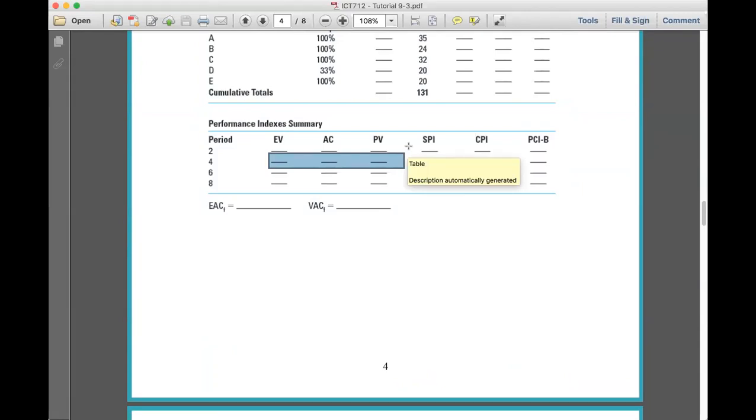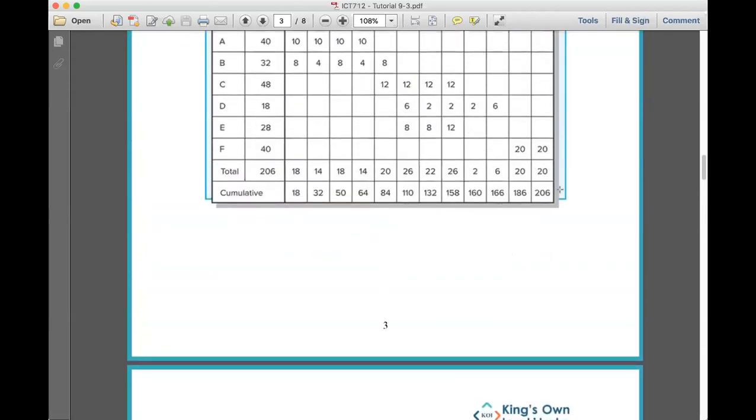That gives 1.13. CPI is earned value 72 divided by actual cost of 59. That gives 1.22. And PCIB is 72, earned value, divided by my budget at completion of 206. Then I get 35% of the budget has been spent.